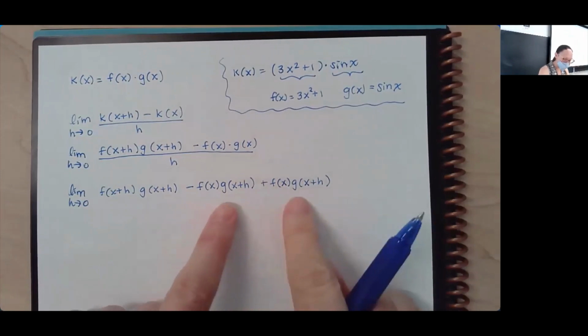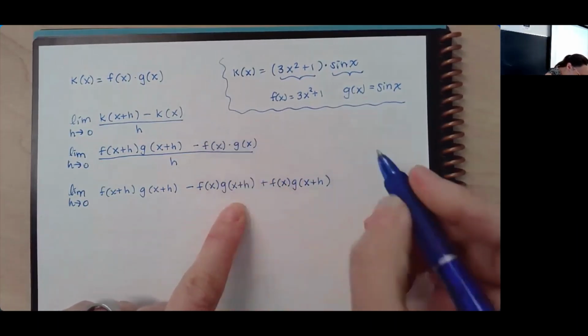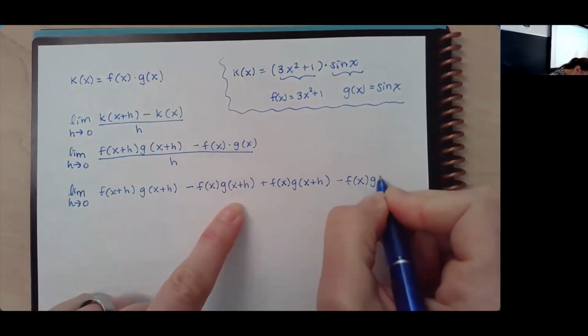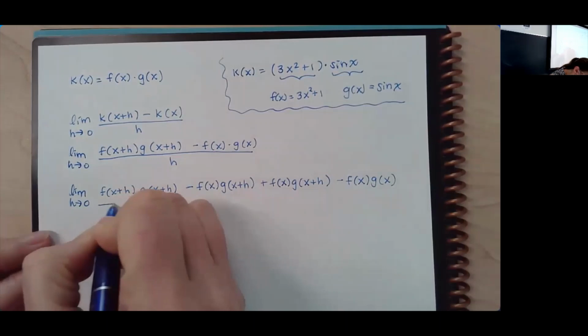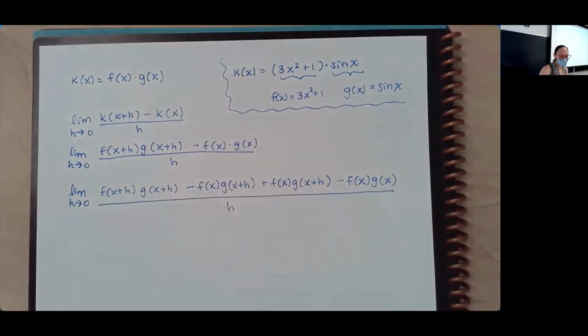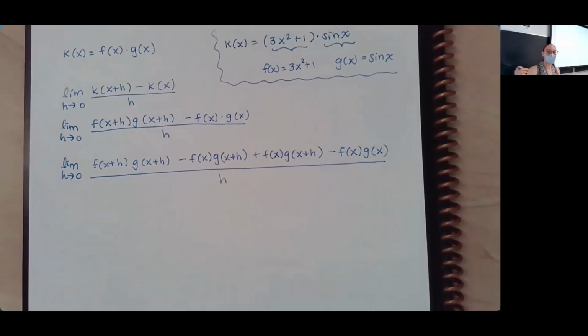So that these two things together add up to 0. But I don't want to forget that part. We still had that part. It's kind of like we just scoot it over. And then this whole mess is over h. And if you're thinking to yourself, that got worse, not better, you're kind of right. But now we're going to help it to get better.